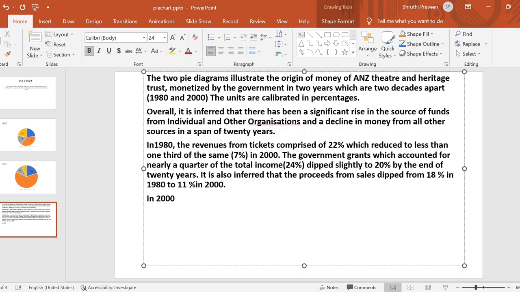In 2000, the main source of income for Heritage Trust is represented, because I already used accounted and comprised of in the previous paragraph.